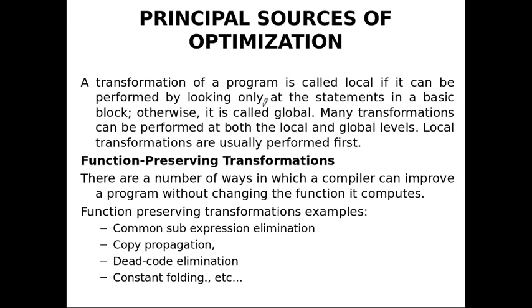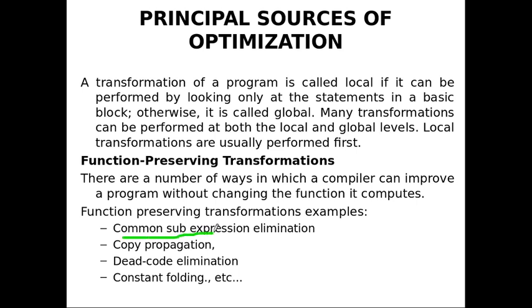In this method we have both local and global. First we apply the local optimization, then we do the global optimization. Under the local optimization, or function preserving transformations, we have the below optimization methods.